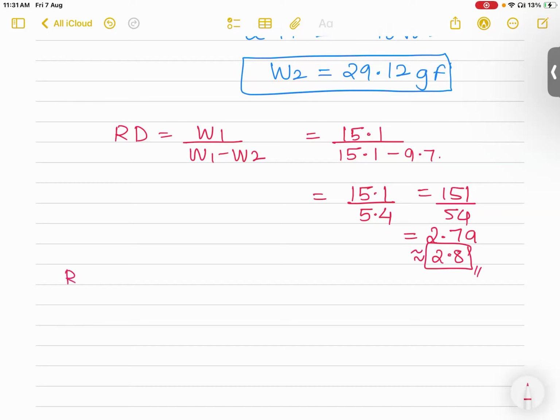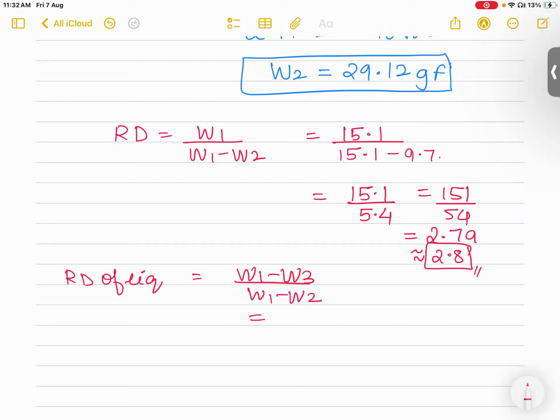Third part is relative density of liquid. Now here I use the formula W1 minus W3 upon W1 minus W2. W1 is weight in air, W2 is weight in water, W3 is weight in a specific liquid.